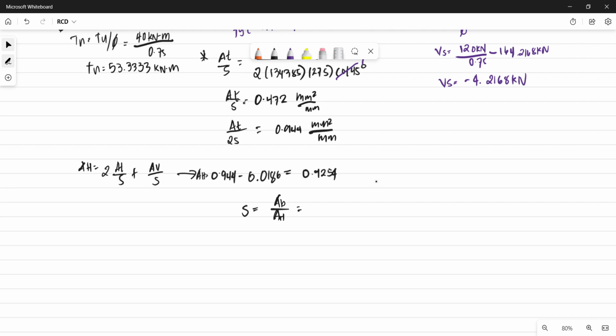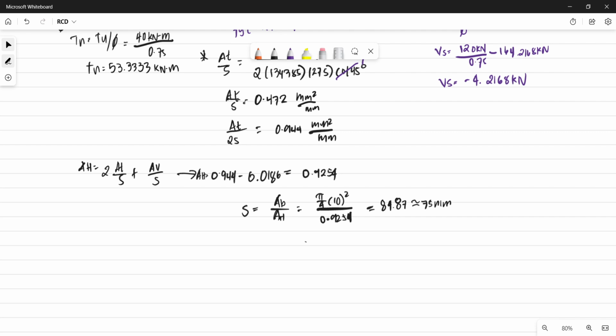AB mo is pi over 4, 10 squared over AH mo now 0.9254. You will get 84.87, or let's say this is equal to 75 mm, nearest 25.